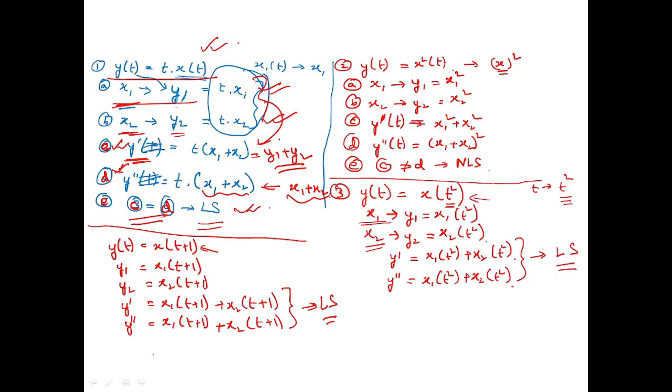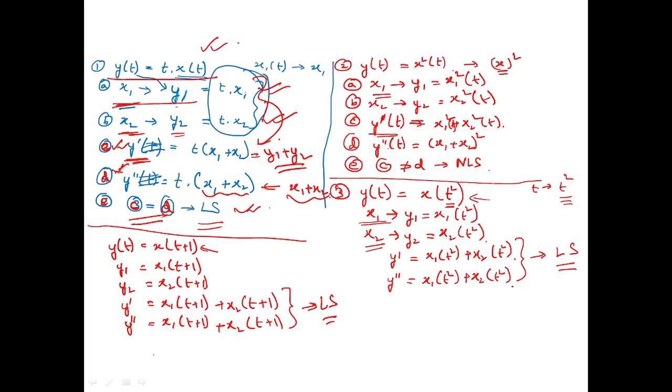Now coming to the next one, y(t) equals x squared(t). So when you give x1 you get y1 equals x1 square. You can also write it like this. For x2 you get y2 equals x2 square(t), and then y dash, what you get, x1 square plus x2 square, multiplied by this thing.